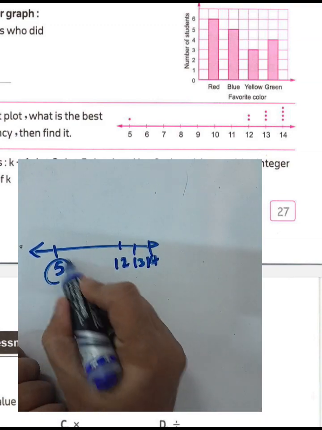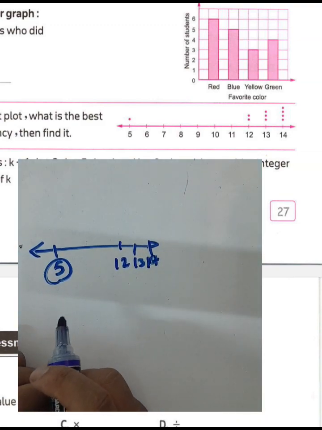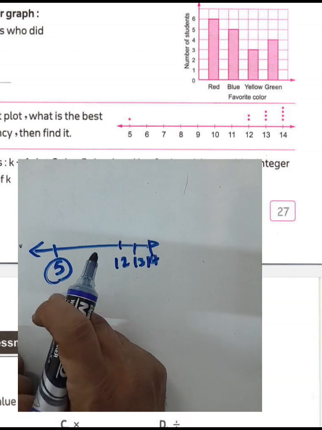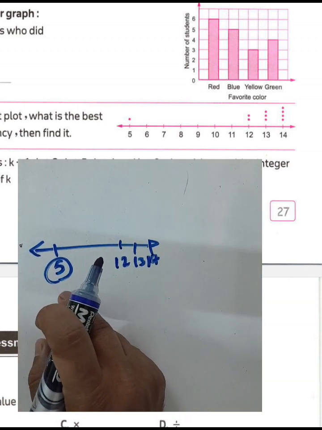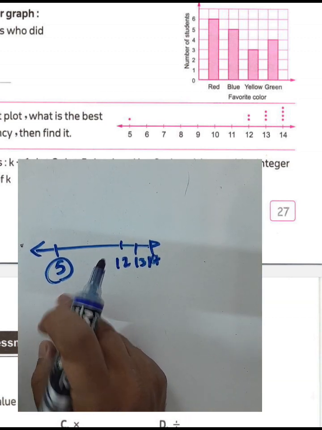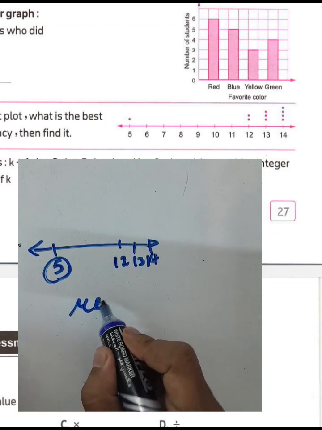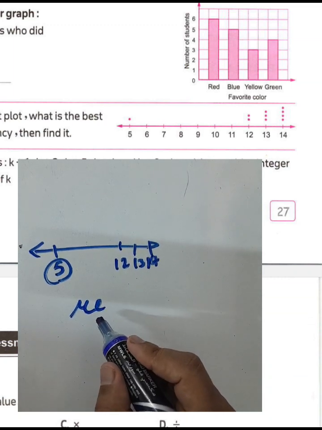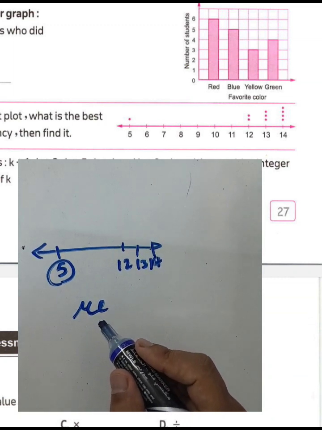So 5 we call what? An outlier. We have an outlier digit. If we have an outlier digit, you must use the median. It's the best measure to find.